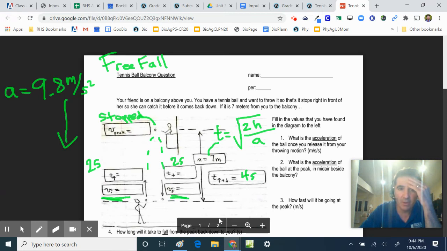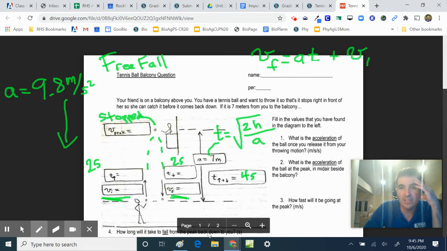So if you think about how tall it is, there's an equation that can get you that, but the best equation to use is VF equals AT plus VI.